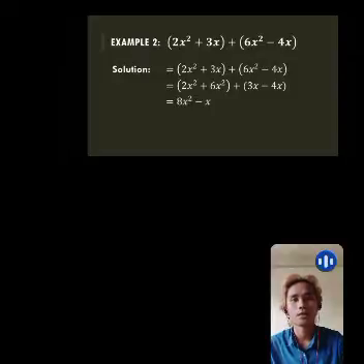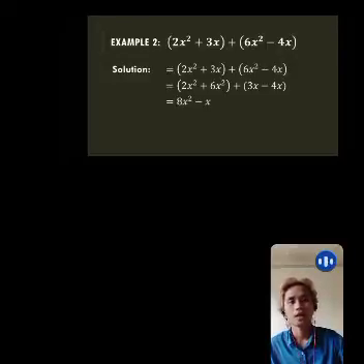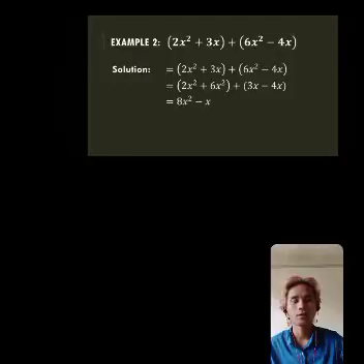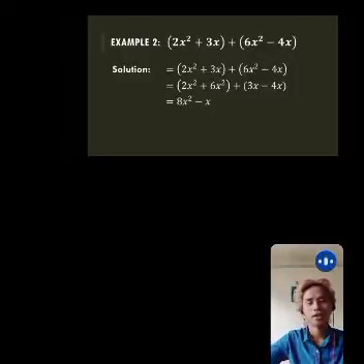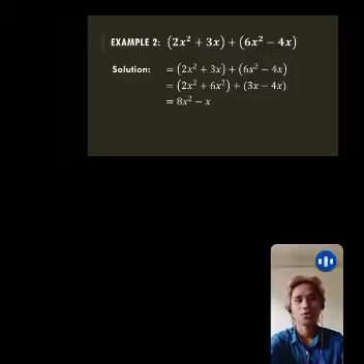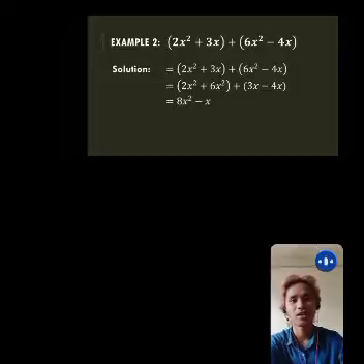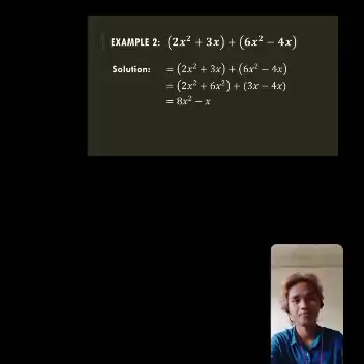Now, you also need to combine the variables with no exponents, which are 3x and the negative 4x. So subtracting that, you'll just have x, just the variable x. So the final answer would be 8x squared minus x.